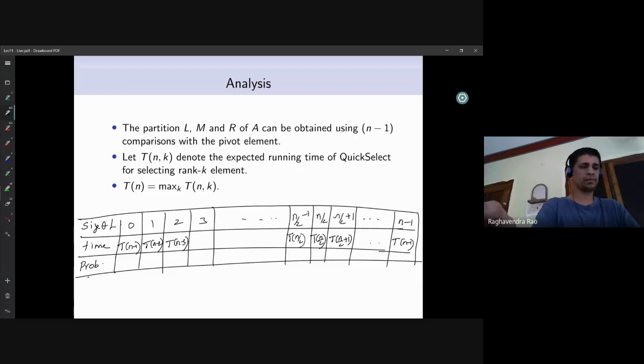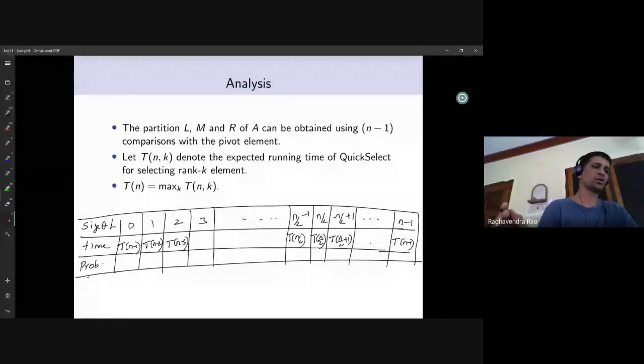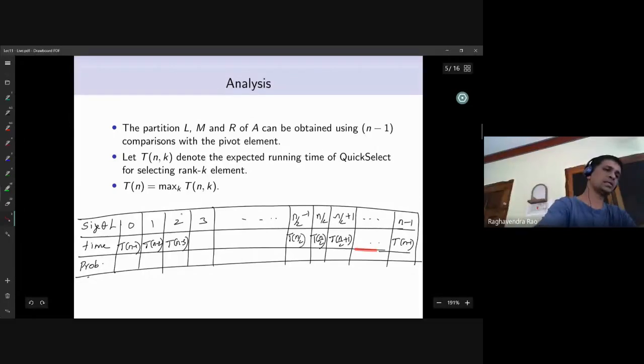In the other cases, towards the right, if the value is less than n/2, this will yield the recurrence, since it should be less than the rank of the pivot. It is based on whether it's less than, equal to, or greater than the rank of the pivot, because in these cases we are recursing on the left hand side, and here we are recursing on the right partition of the array.